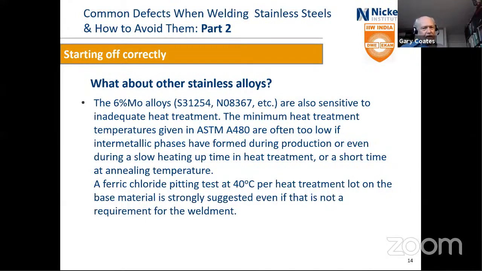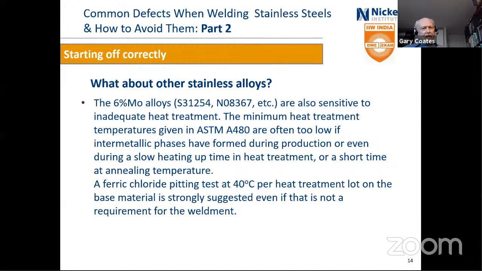Everybody has their formulas for counting how much time, and it's typically, for plate material, 10 minutes plus then 1 minute for every 1 millimeter of thickness. That can be one gauge, but it really depends on how much intermetallic phases have formed in the first place.